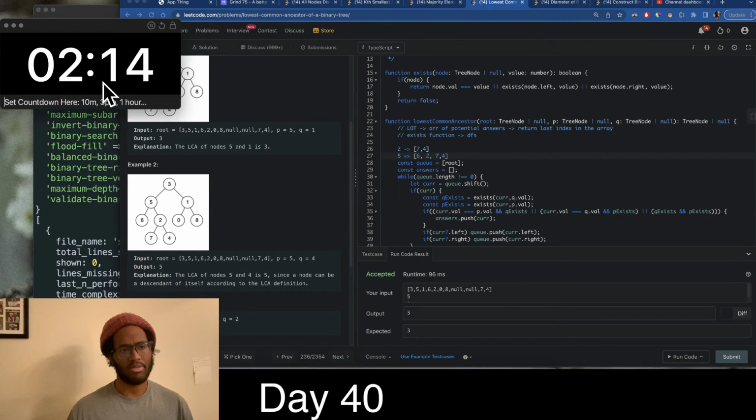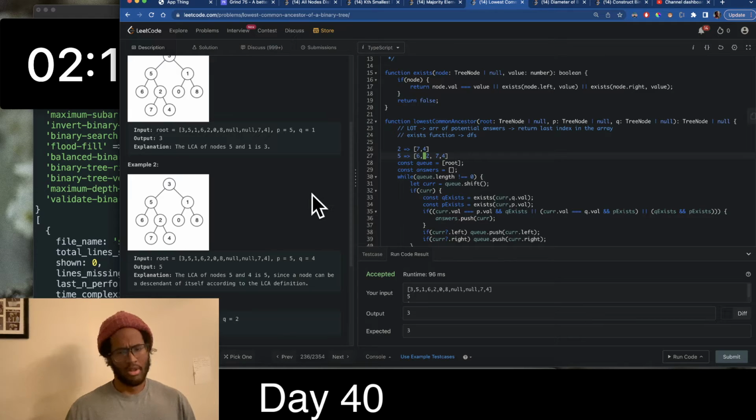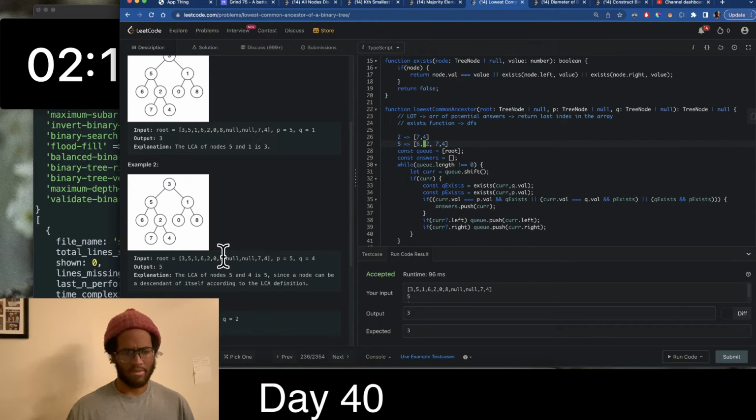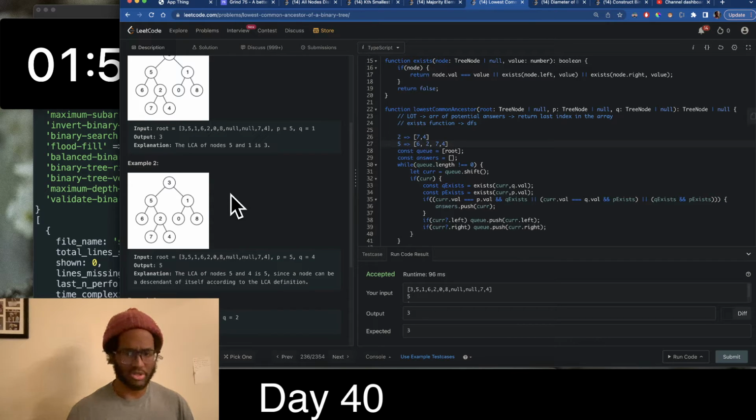Just speed it up. This is a binary tree, so we have no guarantee that the node we're looking for can be in any specific section of the tree. I think the only way to speed it up is by using space.